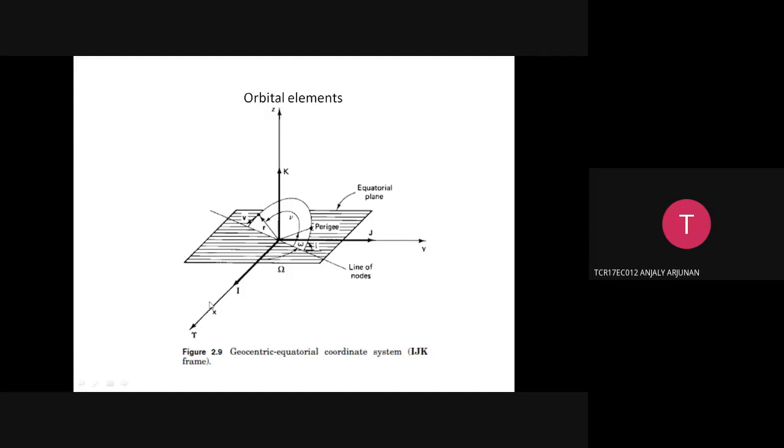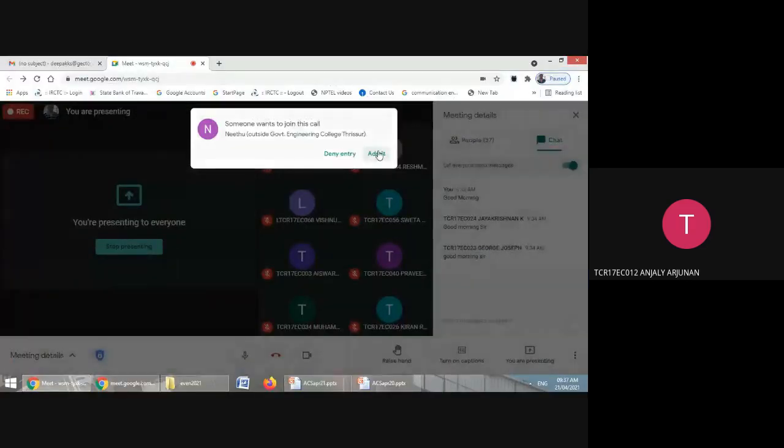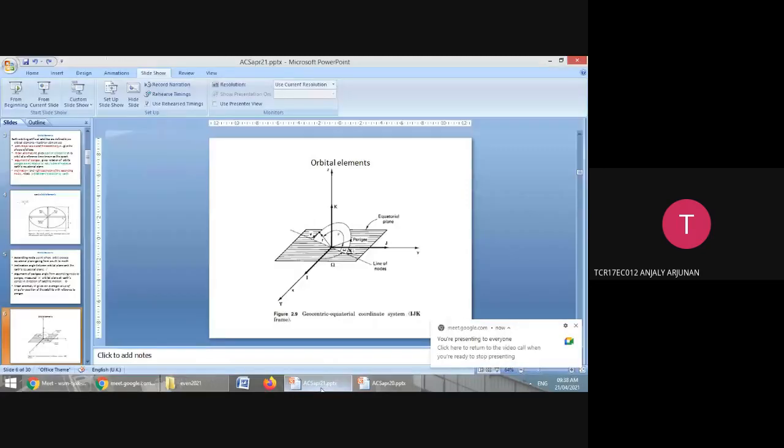So from south to north, you have a point where the orbit crosses the equatorial plane, and from north to south, it crosses another point. So ascending node and descending node are there. So the line joining this ascending node.